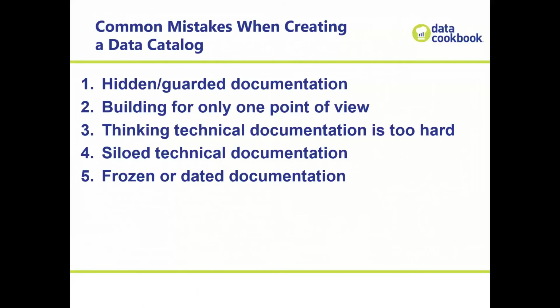You don't have some sort of process or plan to update that as changes come to those data systems. So even if you have a tool that doesn't automatically do that, you should have a plan to make sure that's up to date.